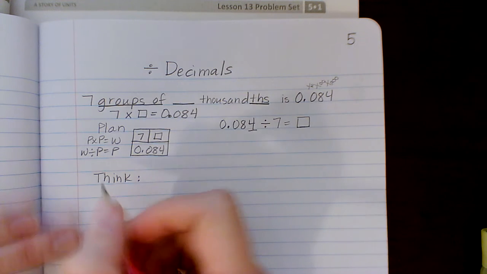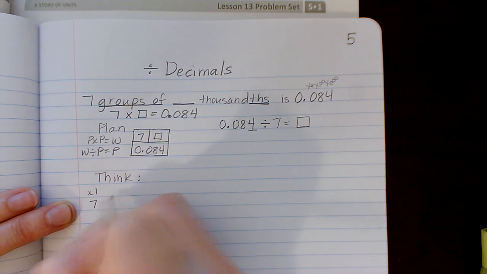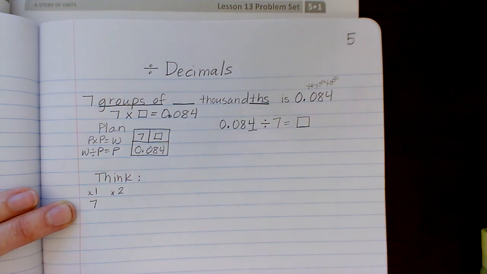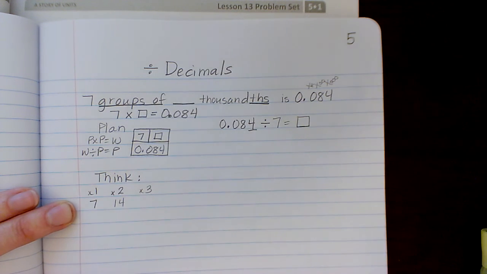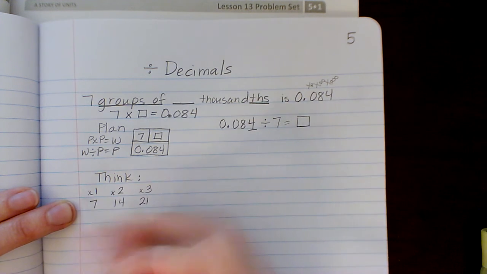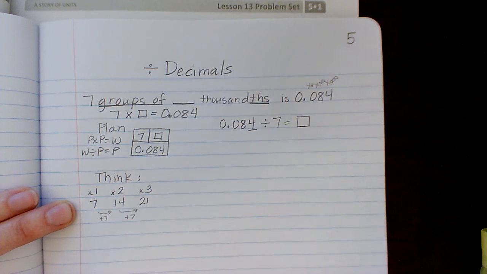Maybe I don't know my 7 facts, so I can think: 7 times 1 would be 7. 7 times 2, just add another 7, would be 14. 7 times 3, I add another 7, would be 21. Each time I'm just adding 7.